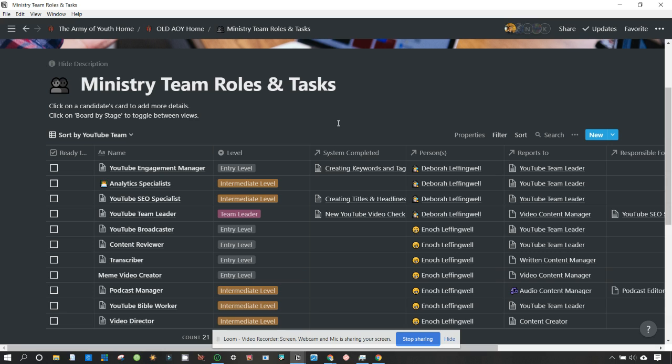You would place your name unless you have other people that are co-founding or already a part of the ministry team that are able to help, or whatever the case may be. If you're starting by yourself, then you put your name. But if you have some partners, you can put each other's names. But the key is you want to have someone's name on every single role that's identified.